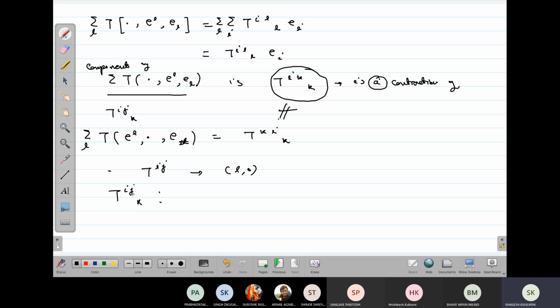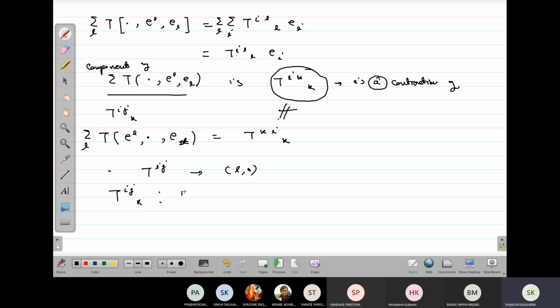To obtain a contraction of this tensor, consider either i or j, replace it by the same index k and sum over k.